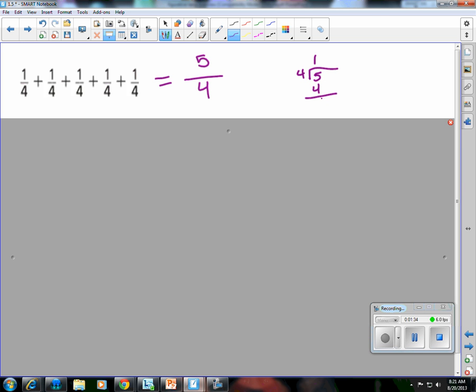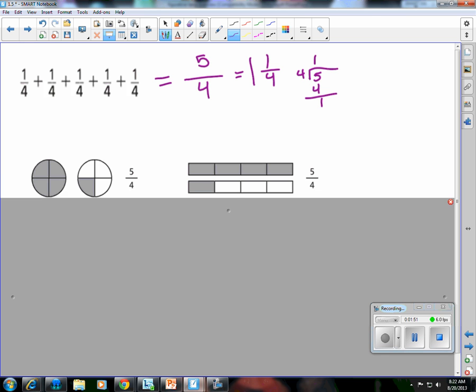I take 4 and I have 1 left over. So I have 1 whole, and then I take what's left over, my remainder, and put that back over the 4. The 4 stays my denominator. So 5/4 is the same thing as 1 and 1/4.